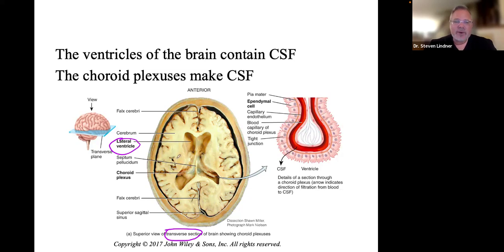And what separates those two ventricles is that septum pellucidum. What's producing the fluid is the choroid plexus. And the choroid plexus is made up of these ependymal cells. And those ependymal cells are producing the cerebral spinal fluid, the CSF.